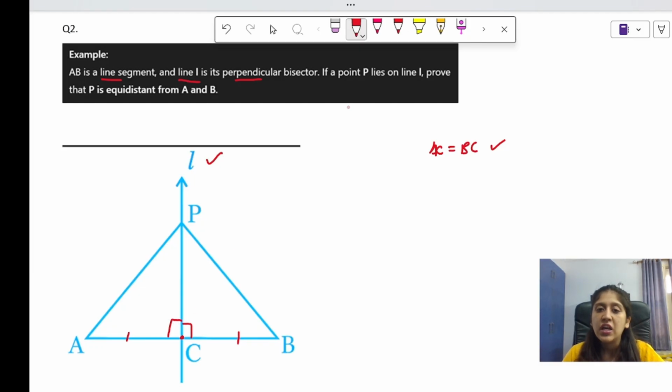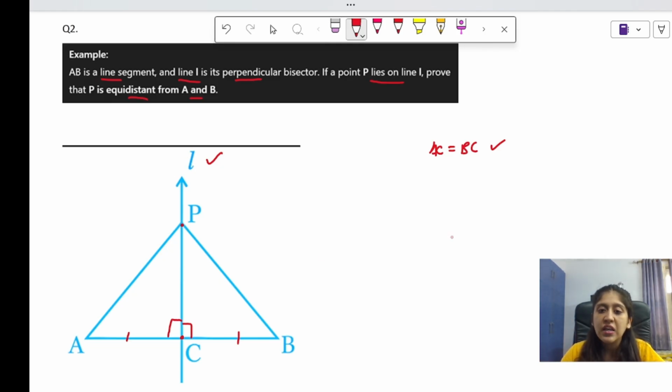Okay. Now, if a point P lies on L, ठीक है, यहाँ पे देखो, a point P lying on L, prove P is equidistant from A and B. पहले तो पता होना चाहिए कि क्वेश्चन क्या कह रहा है. क्वेश्चन कह रहा है we have to actually prove P is equidistant. What does equidistant mean? Equidistant मतलब हम लोगों को prove करना है. We have to prove this, alright? This is not given in the question.